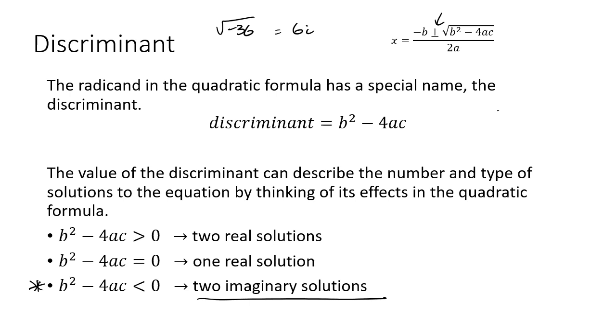So solutions involving i. Now for right now, the discriminant only applies to number and types of solutions, but once we start talking about quadratic functions in section 3.1, this will actually correspond to x-intercepts as well. And so the discriminant will have an extra interpretation once we start talking about graphs of quadratic functions.